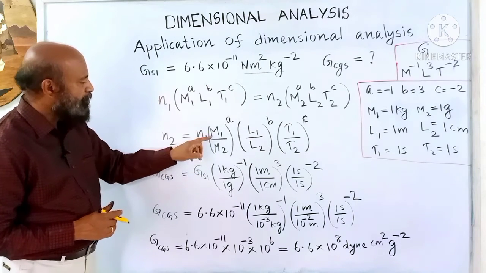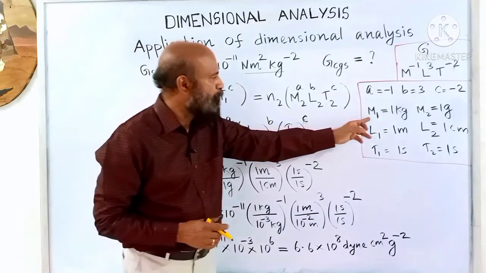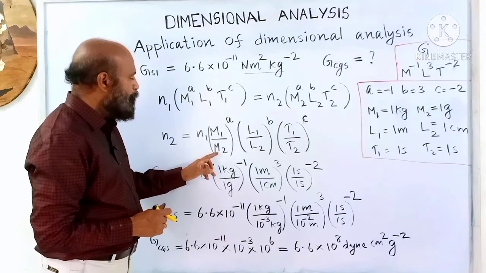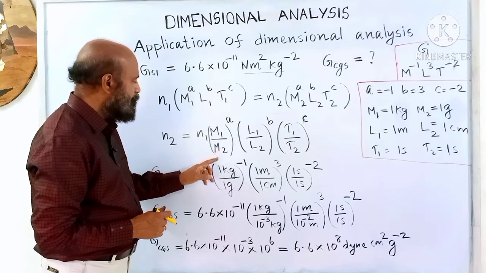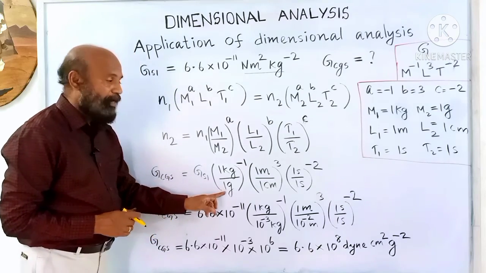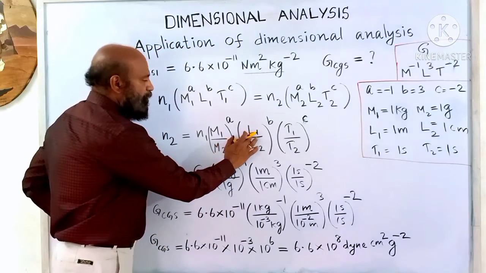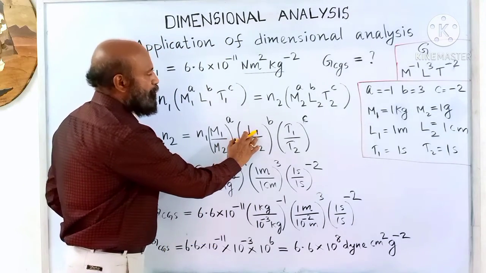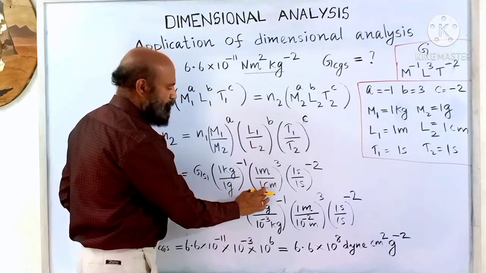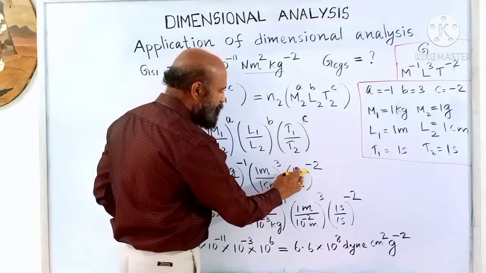M1, that is the unit in the first system, is kilogram. Unit in the second system is gram. Next L1, that is the unit in the first system, is meter, L2 is centimeter, T1 and T2 both are seconds.